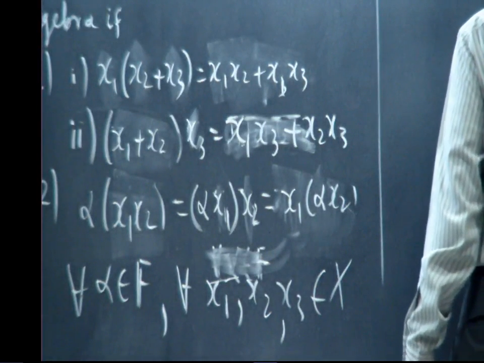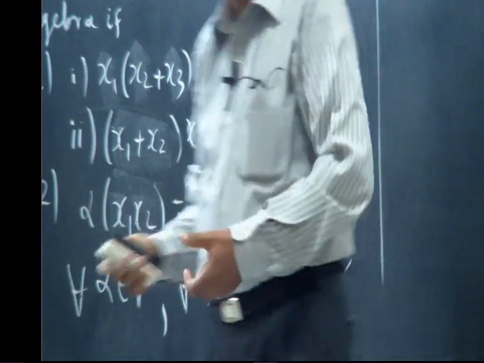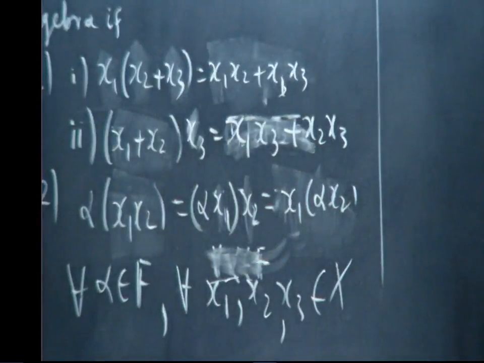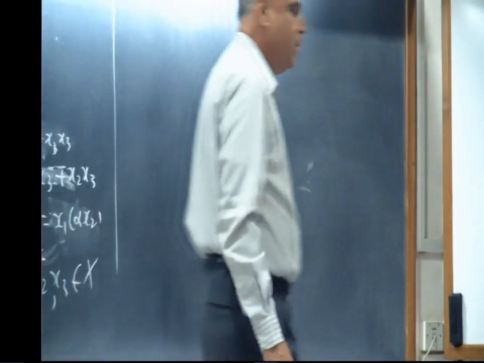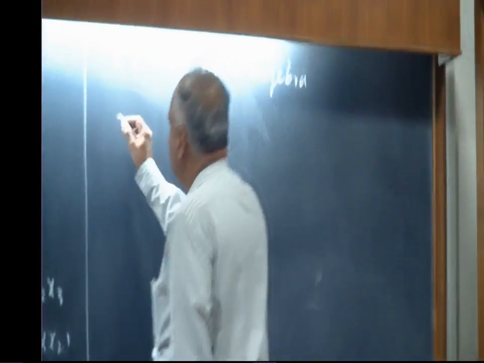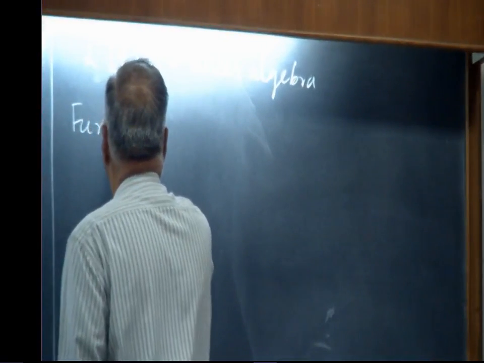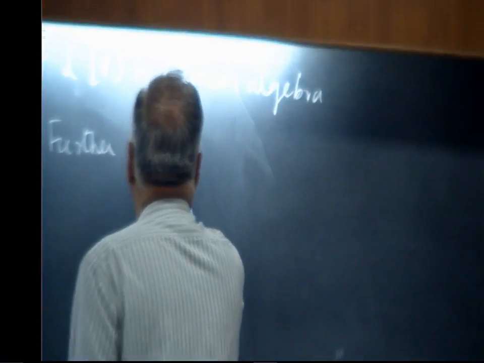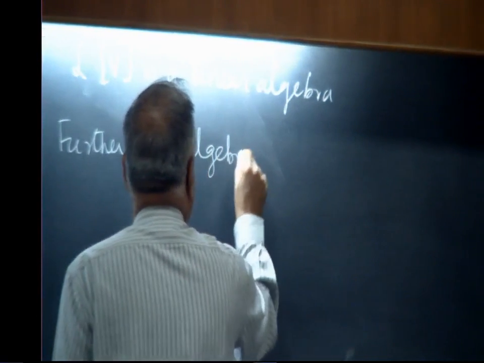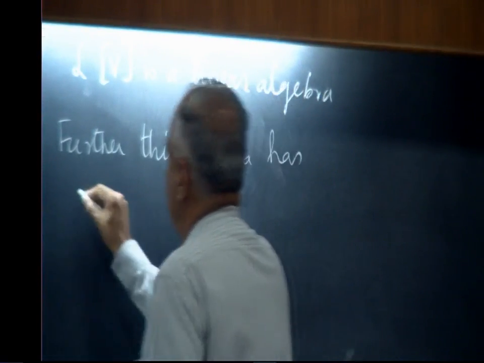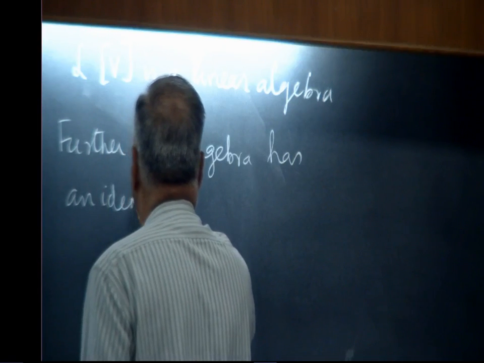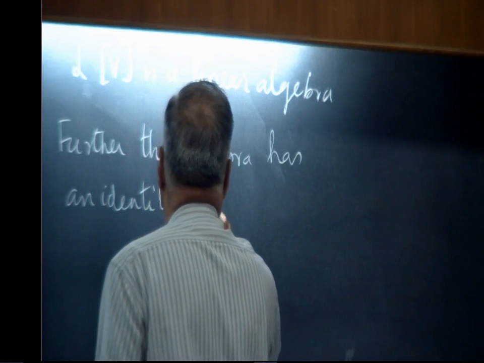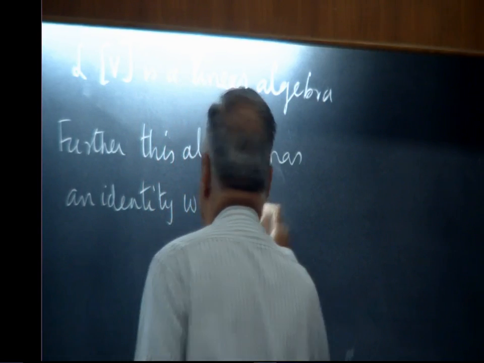As I mentioned last time, linear algebra is the subject which studies the structure of such linear operators on a vector space. In particular, further, this algebra has an identity with respect to multiplication.